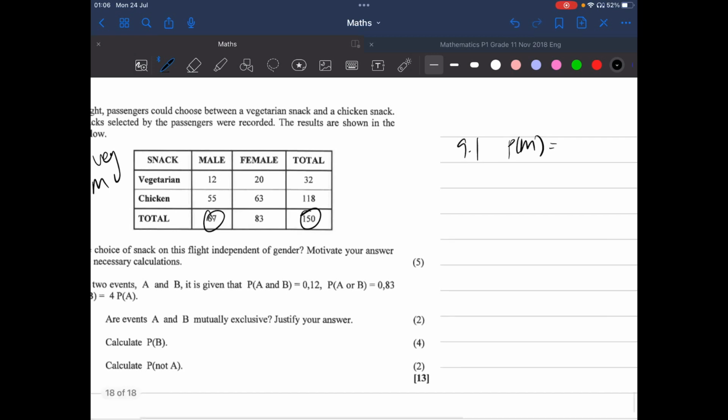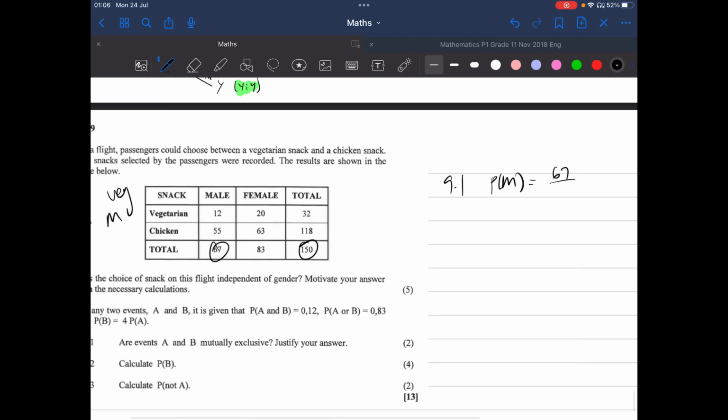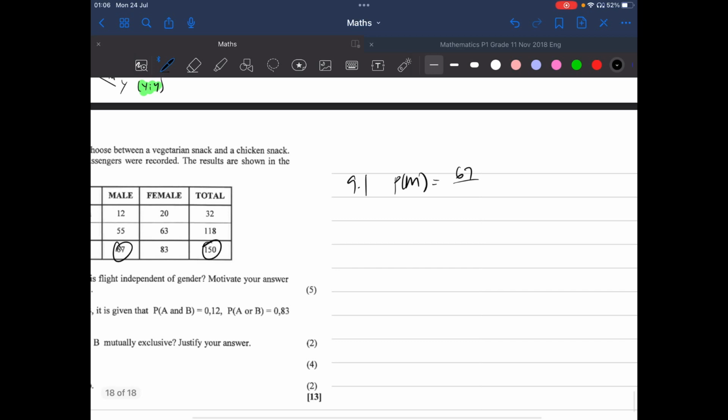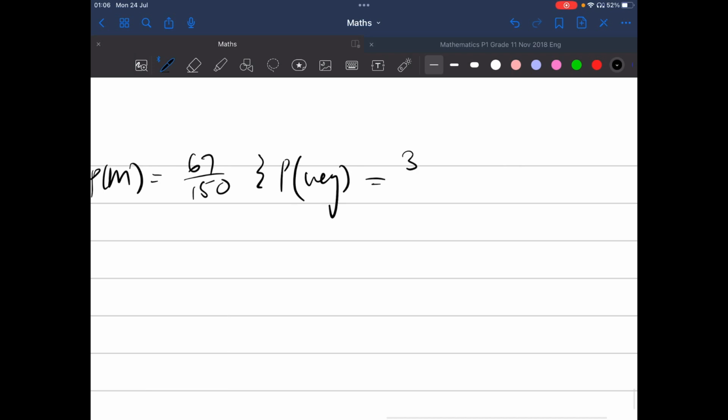That's the probability of being male. The probability of taking a vegetarian snack was 32 over 150.